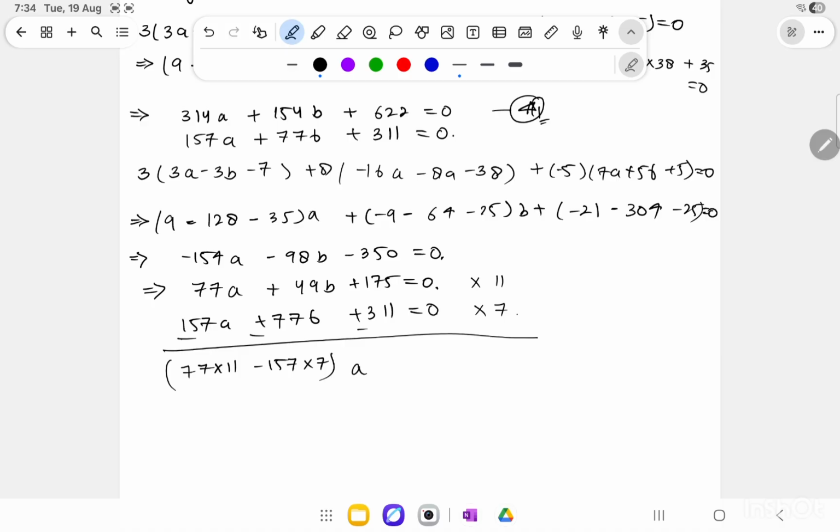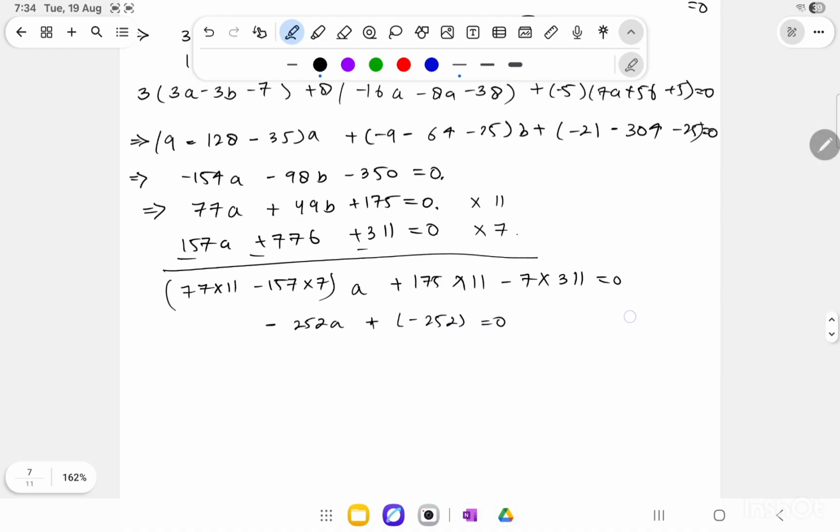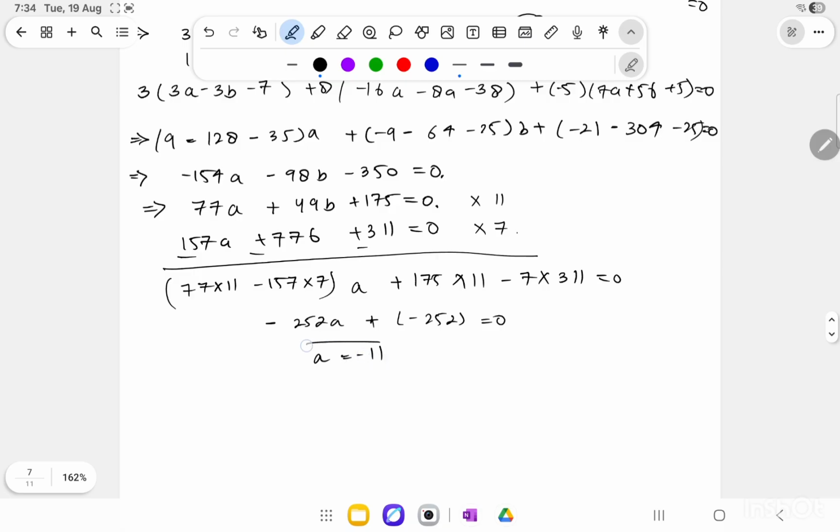These two terms will balance out, plus 175 into 11 minus 7 into 311 equals 0. So here I'll get minus 252a, which is again minus 252 equals 0. So I got my a as minus 1.